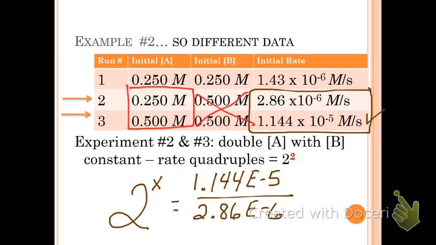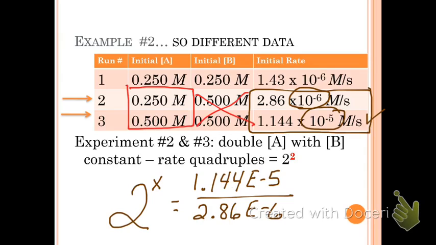Now, it might occur to someone why we're using a lower number in our numerator. Well, to do that, you have to look at what the power is. Yes, 2.86 is a higher number than 1.144. However, that 2.86 is to a negative 6. The 1.144 is to a negative 5.